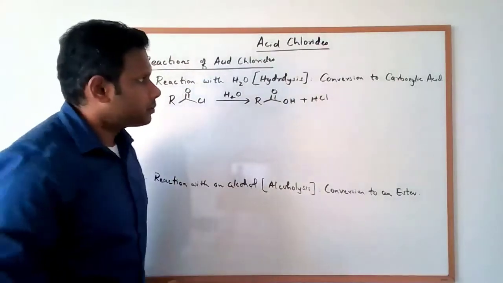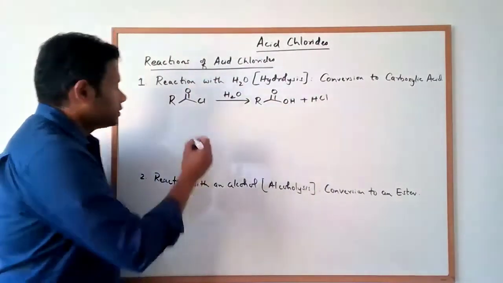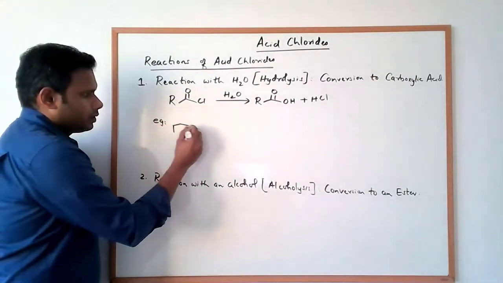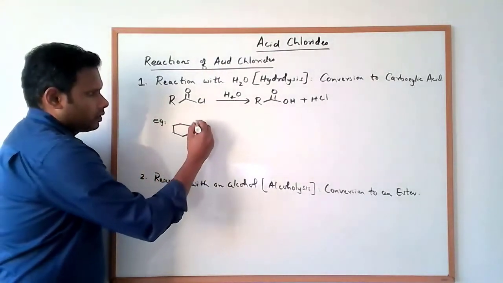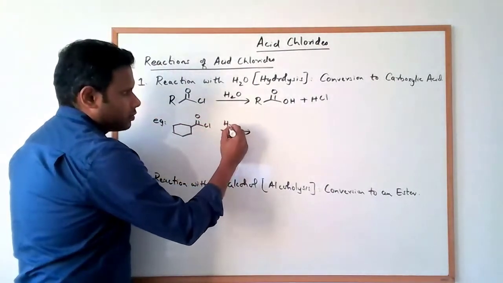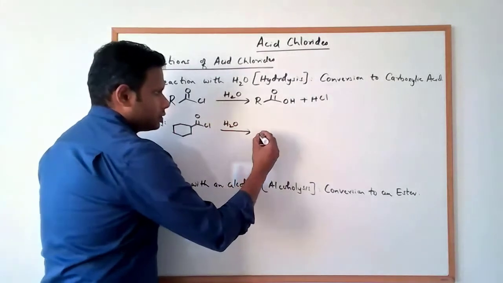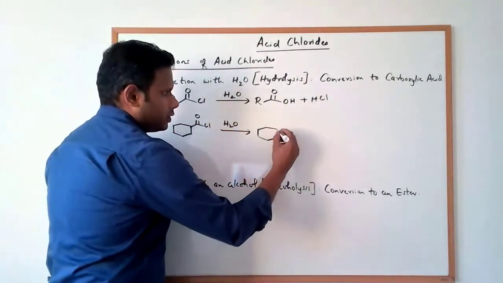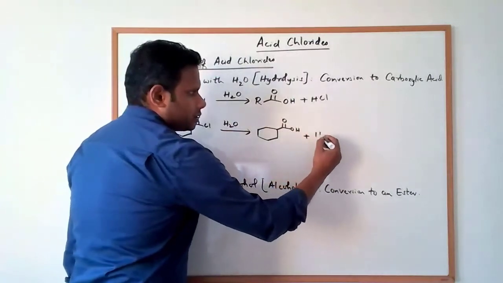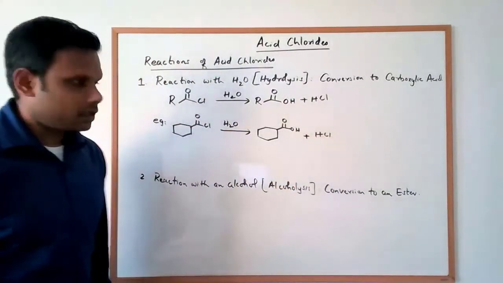That's what happens here. As an example, let's look at a reaction here. Acid chloride reacts with water to give the carboxylic acid, plus you've got HCl.